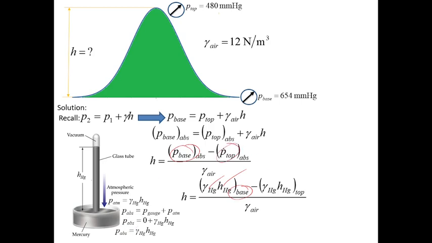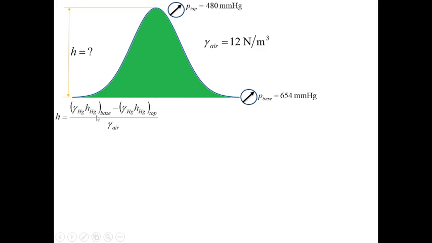And then the pressure at the top, unit weight of mercury times the height of mercury at the top. Then we divide it by the unit weight of air. So we can factor out the unit weight of mercury, and what is left inside is the height of mercury at the base minus the height of mercury at the top. Then we divide it by the unit weight of air.